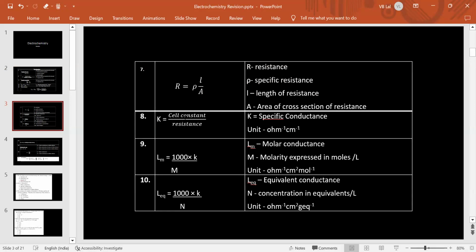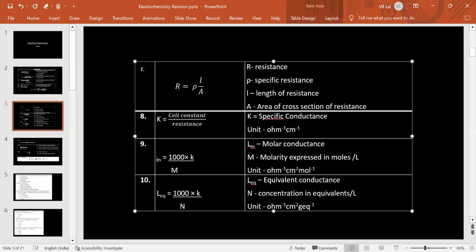Then the next few formulae are related to conductance of a cell. So R is equal to, that is resistance, and connecting resistance to cell constant, and connecting specific conductance or conductivity to cell constant. And here where I have written L, it is actually lambda, I couldn't type it correctly.